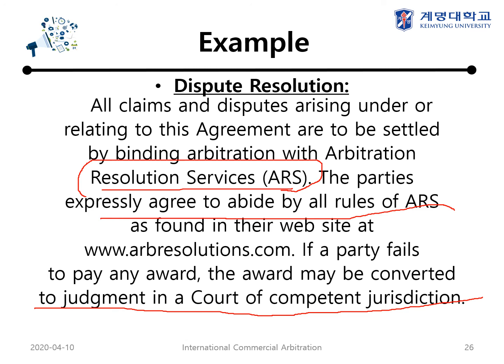It would really consume most of your time because you have to present evidences and you have to get a lawyer to defend your claims. So that is the example of arbitration.